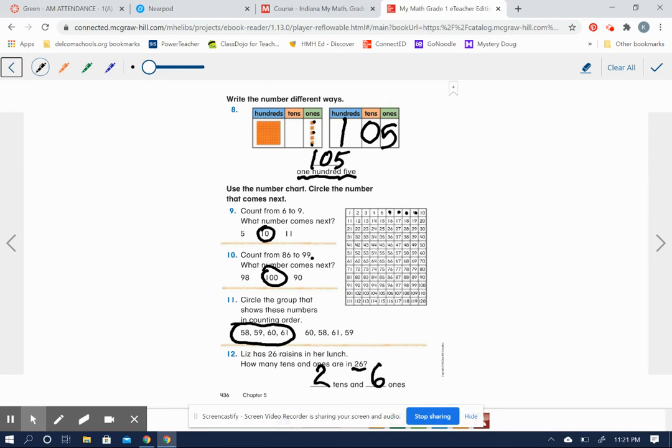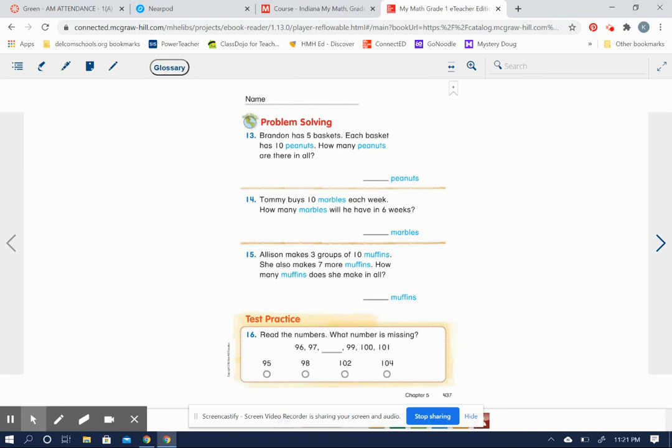Yes. Okay, we have one more page to do here. This is the last one. Okay, so we've got some story problems here. Brandon has 5 baskets. Each basket has 10 peanuts in it. How many peanuts are there in all? Well, you could draw the 5 baskets. As soon as I get my pen.